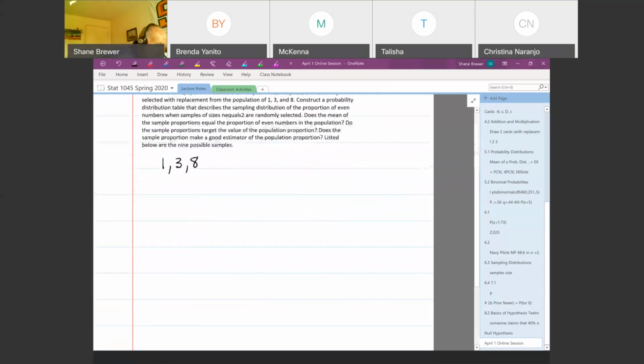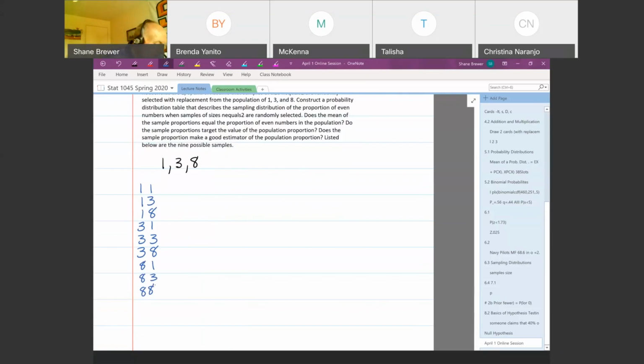I could have a 1 and another 1, a 1 and a 3, a 1 and an 8, a 3 and a 1, a 3 and a 3, a 3 and an 8, an 8 and a 1, an 8 and a 3, and an 8 and an 8. So those are the 9 possible samples of size 2.